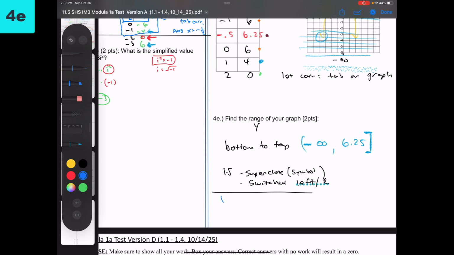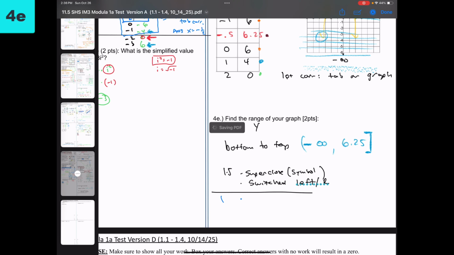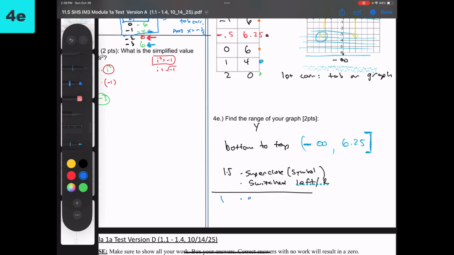One point if you got each side correct. And then 0.5 if maybe on the left side you just have negative infinity, no parentheses, and then the right side's wrong. So some partial credit.